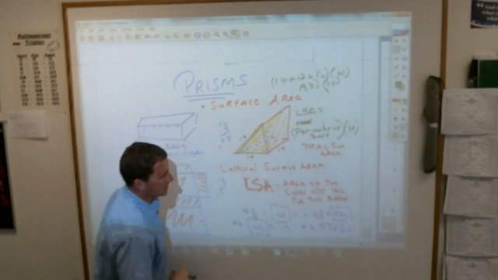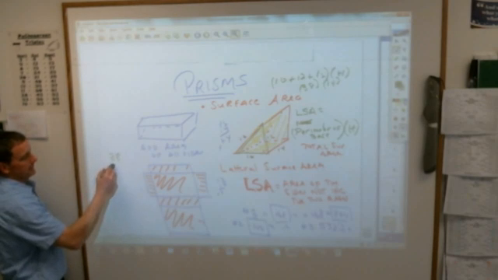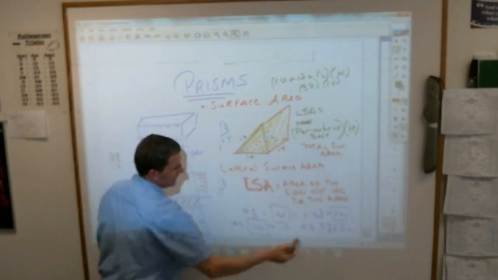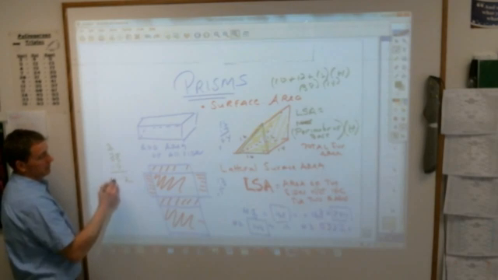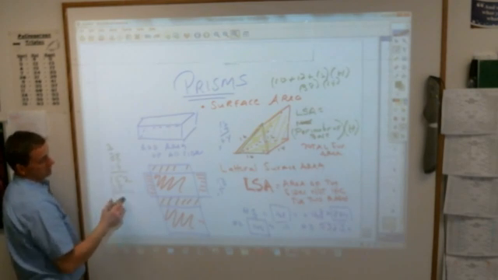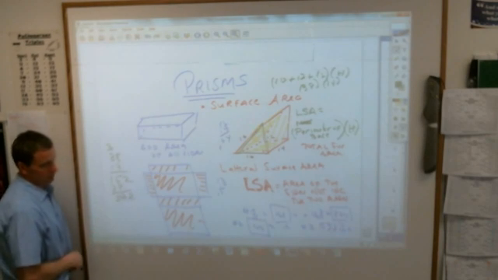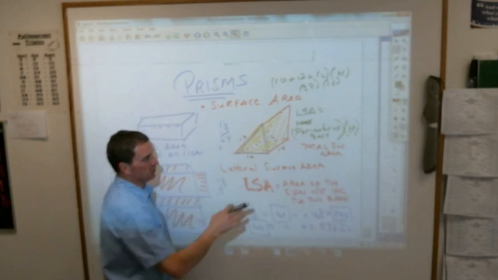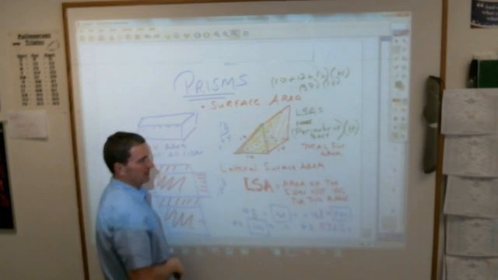I'm going to take the shot that 38 times 14 is going to give me the answer I got right there. Will it work? I don't know. 152 and 38. Oh, look at that. 532. So the lateral surface area can be found quicker if you just do the perimeter of the base times the height.